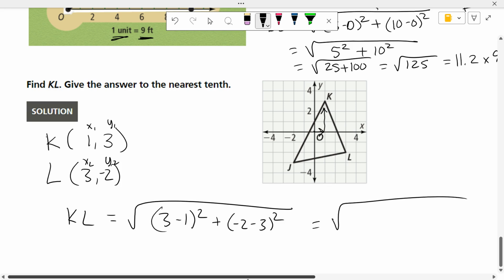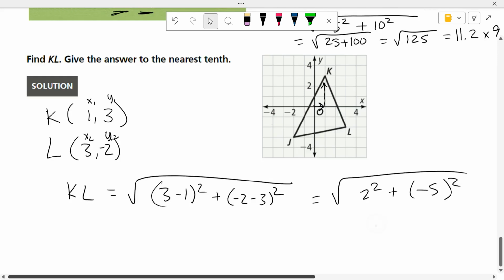So we take the square root of 3 minus 1 is 2 squared. What's negative 2 minus 3? What's negative 2 minus 3, Sawyer? Negative 5.